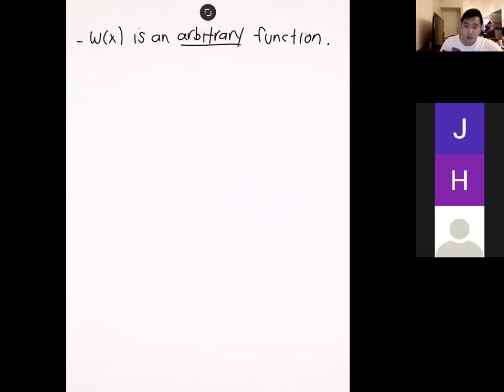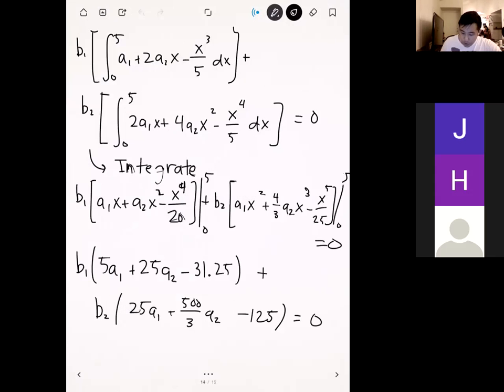And so for an arbitrary function, b1 and b2 can literally be anything. It can be 50 bajillion, or -4, or 24, and we won't care because it's an arbitrary function. The only thing we use W of X for was to balance the derivatives out in our expression.